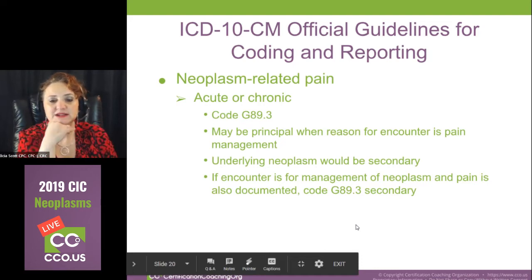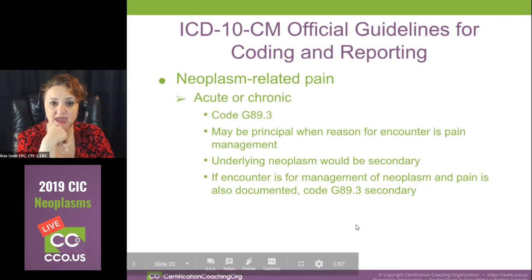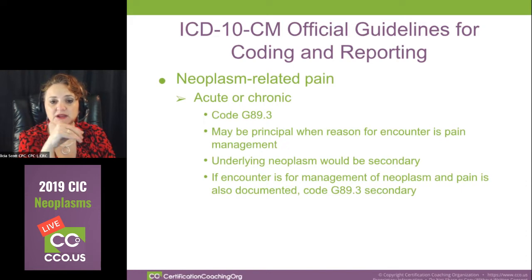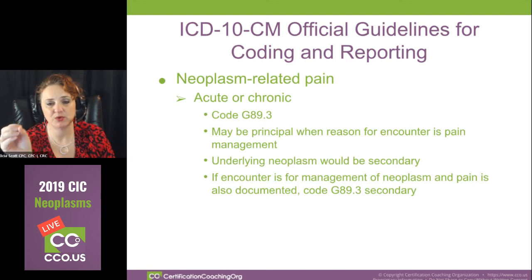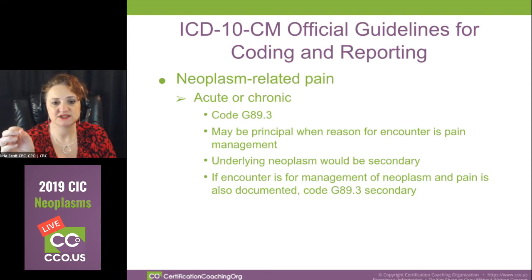What about neoplasms that result in pain? That can be classified as either acute or chronic. So I want you to go look at G89.3. This is a specific pain code that's related to the neoplasm.